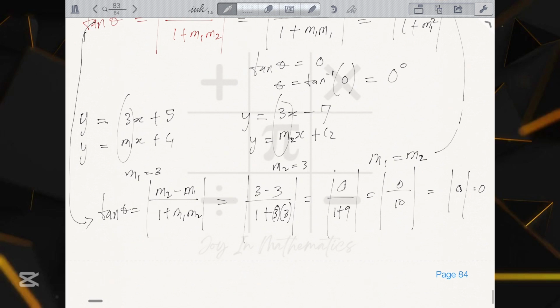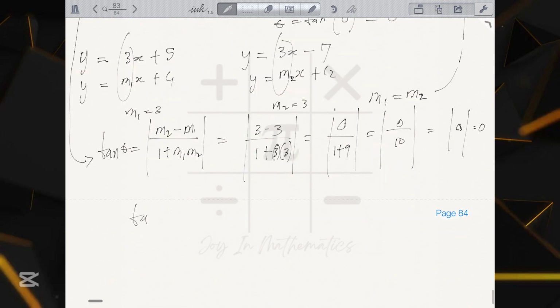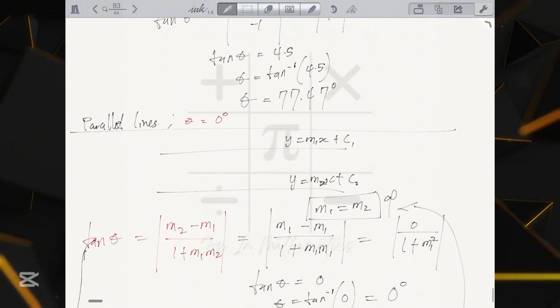So with that, we have tan theta equal to 0, and theta will be arctan of 0 according to the inverse trigonometric function, which is equal to 0 degrees, and similar to what we have here.